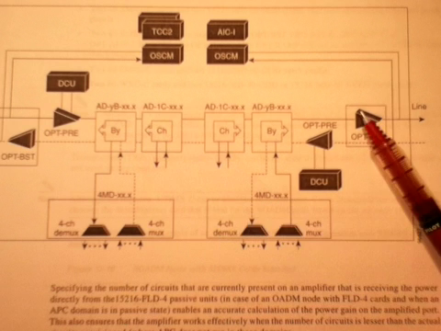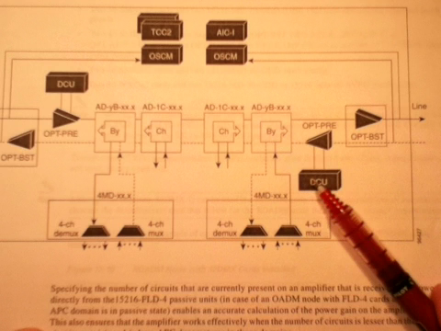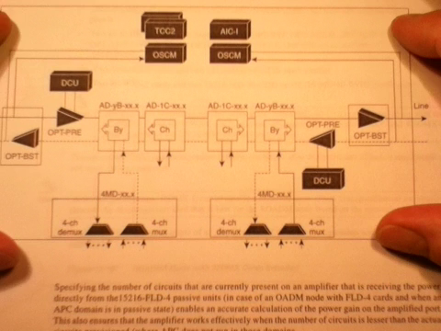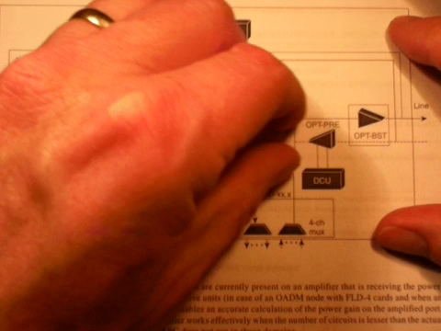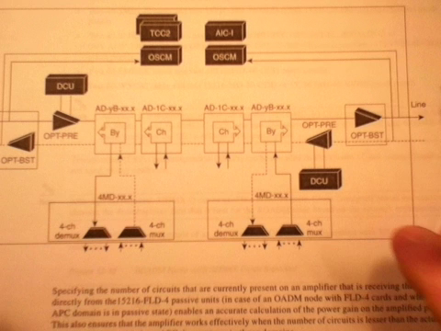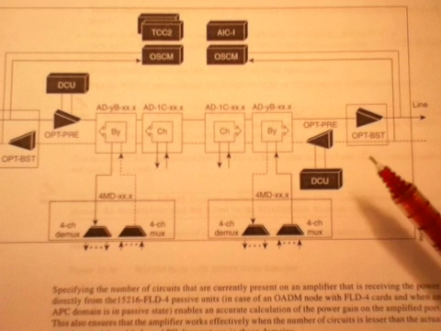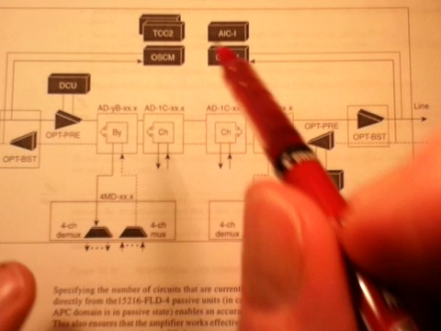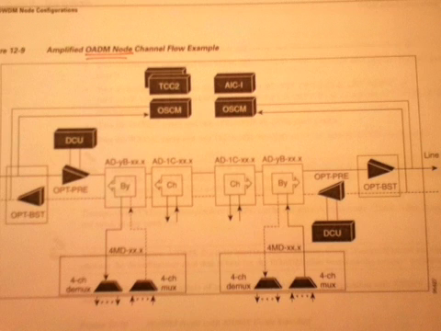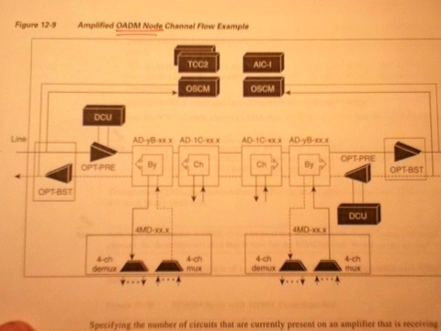These are all different cards, and these types of flow diagrams show how all these cards are put together to create a node. So this is an example of an OADM node, an optical add drop multiplexing node.